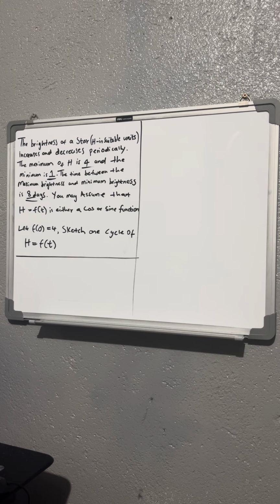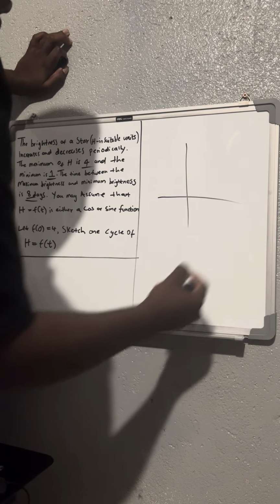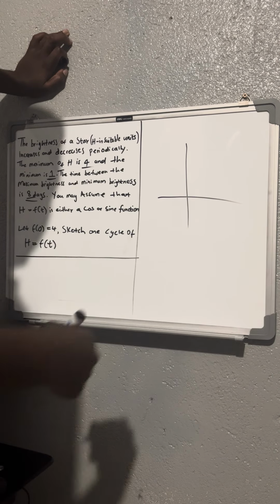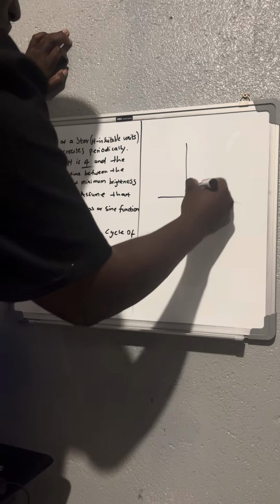If they are only talking about this distance, that from maximum to minimum you only have 8, that means they have already given us half of what we want in our graph that we have to draw.